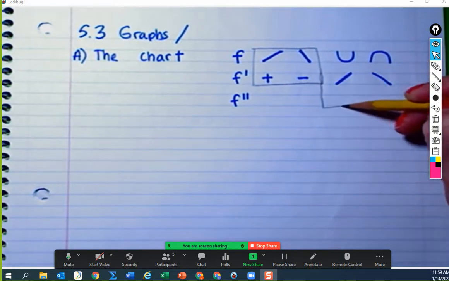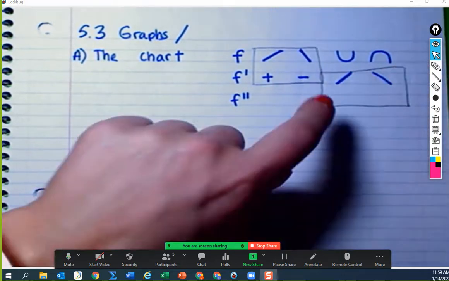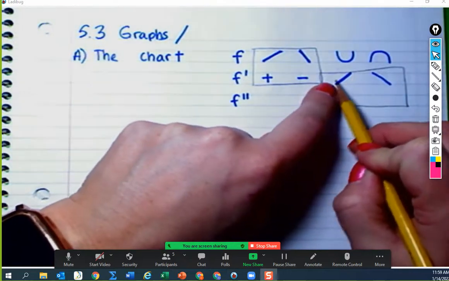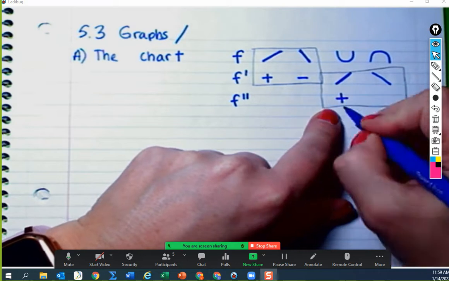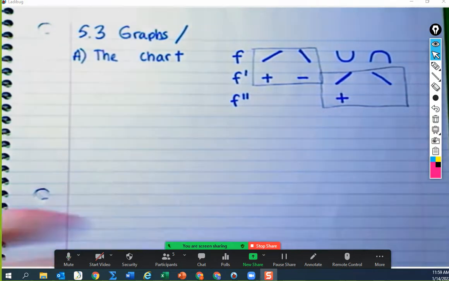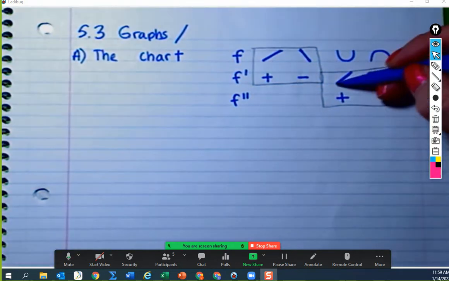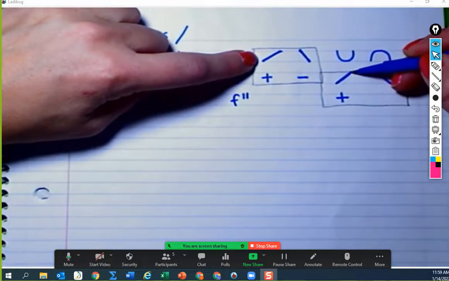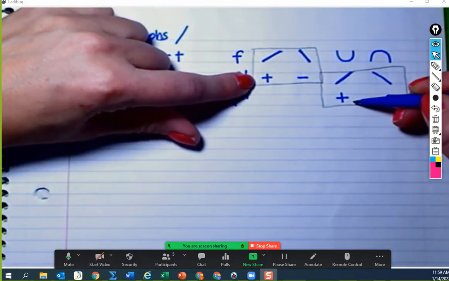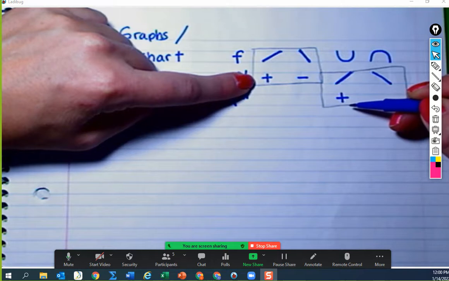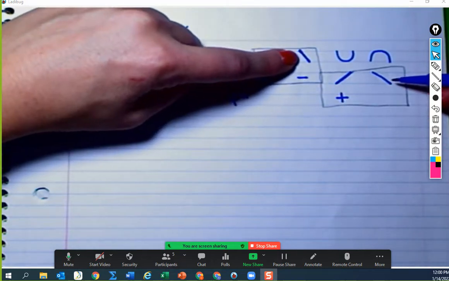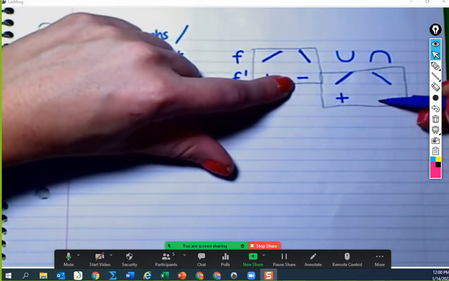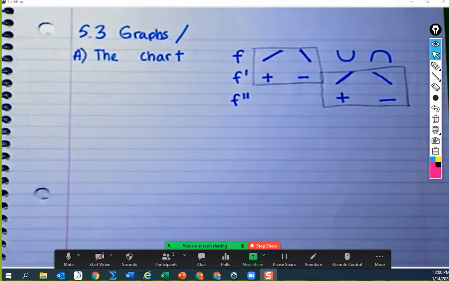So right here, look at this. If it's increasing, the derivative is positive. When something is increasing, it doesn't matter what's increasing, the derivative is positive. When something is decreasing, the derivative is negative.